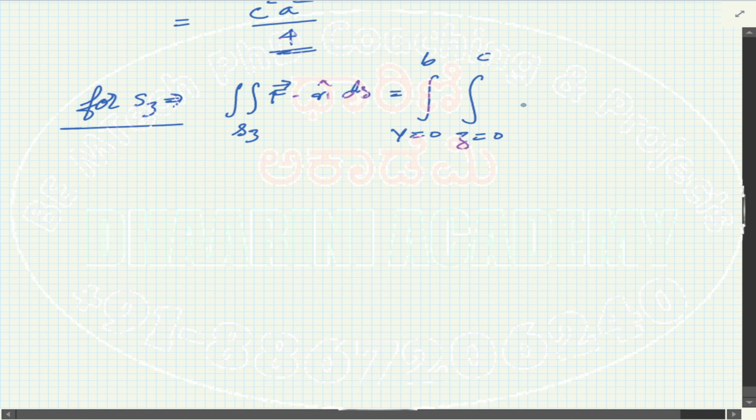This is yz dz dy. So if we solve carefully, we are going to get b squared c squared divided by 4. Very similar to the previous step.